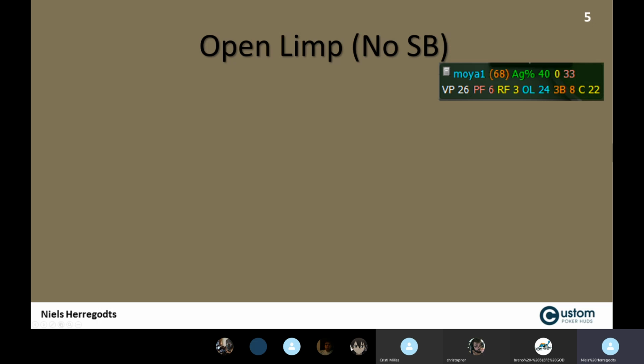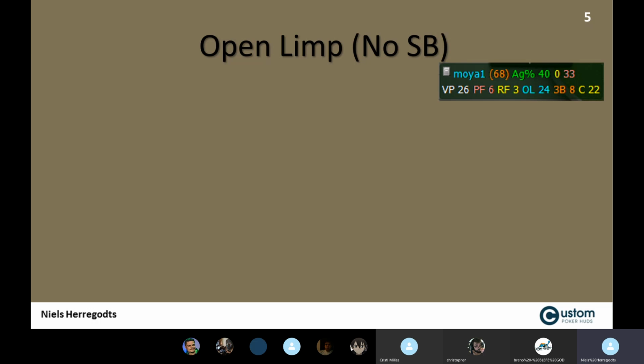Then the other stat that I didn't mention there is a custom stat. It's not standard in PokerTracker. It's the open limp with the small blind taken out, because especially in the last few years, people have been limping from the small blind very often.